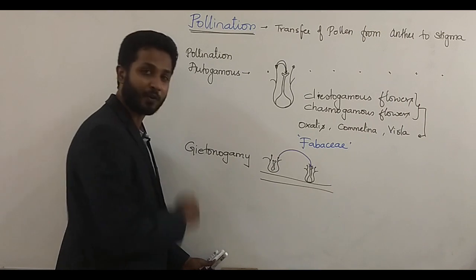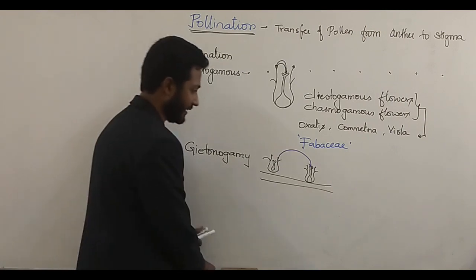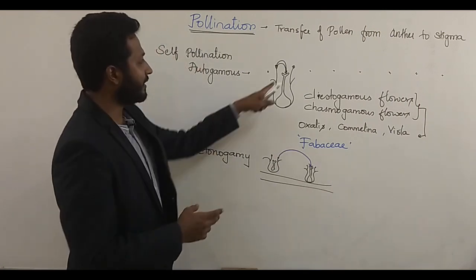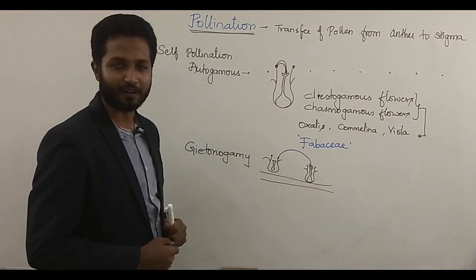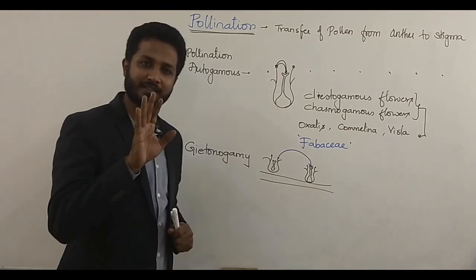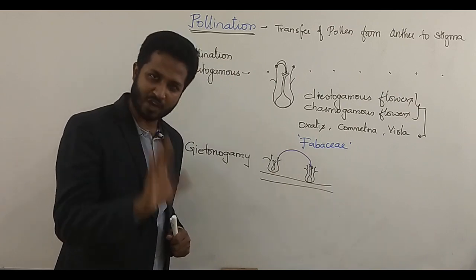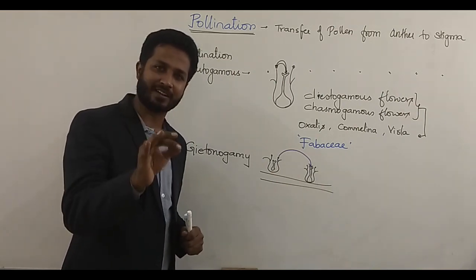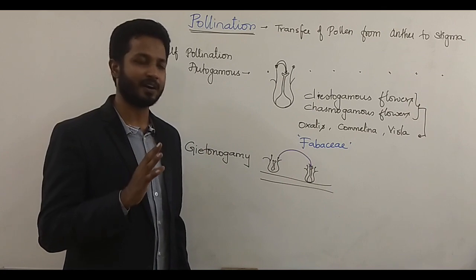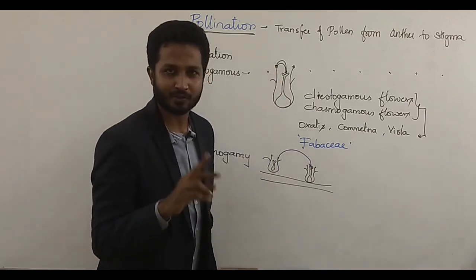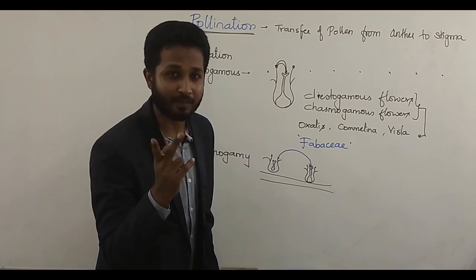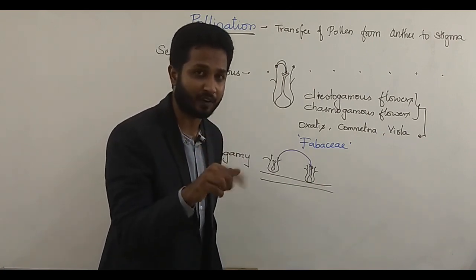This is Nitonogamy. The neat point over here is, see, here 100% pollen of the same plant is falling onto the stigma of its own. So there is physical, physiological as well as genetic self-pollination. Means what? Genes of these two remain the same. There is no extra or some other organism's genes falling onto it.